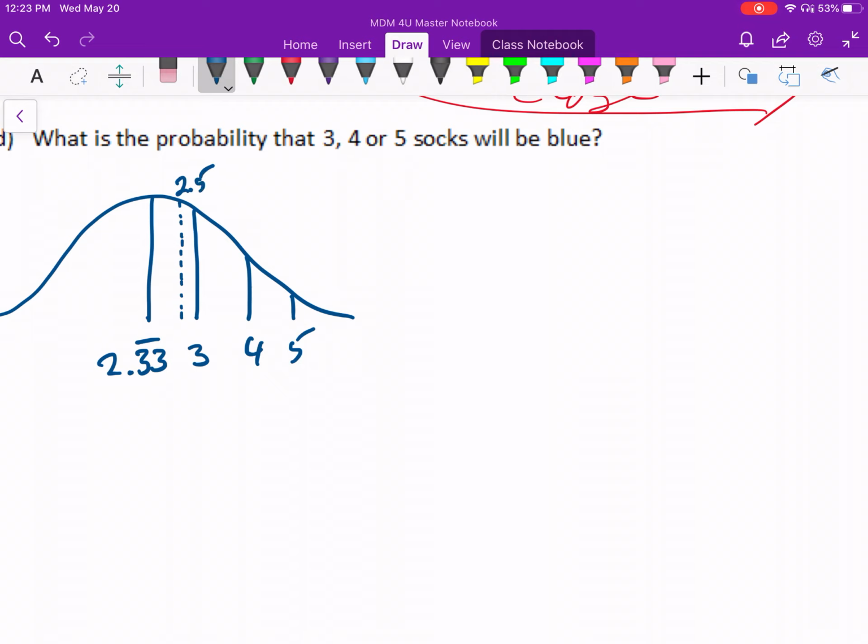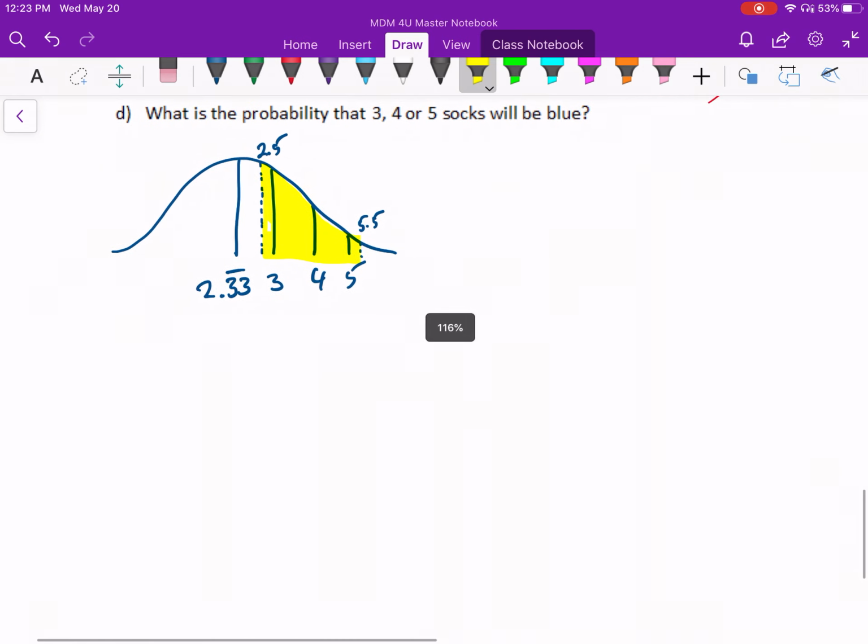We have to do a continuity correction a little bit below that, and we need to go up to 5.5. And I don't need to do a continuity correction for each one because they're butting up against each other. I just need to do this entire area between these two. So it's just like the last example I did, except it's covering a span of 3 units rather than just 1 unit. But otherwise, I'm going to do the exact same thing.